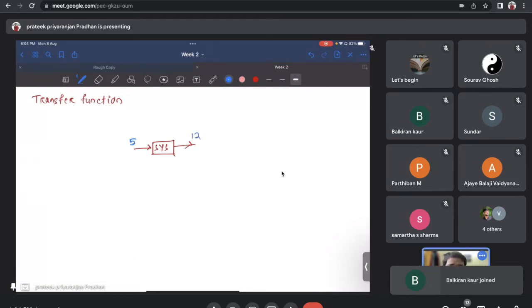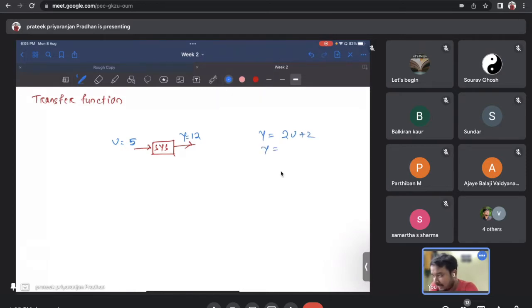Can you say what the system is? It can be anything. If you take u equal to 5 and y equal to 12, then y can be 2u plus 2, y can be 2.4u, y can be 3u minus 3, y can also be u plus 7. Everything satisfies this.